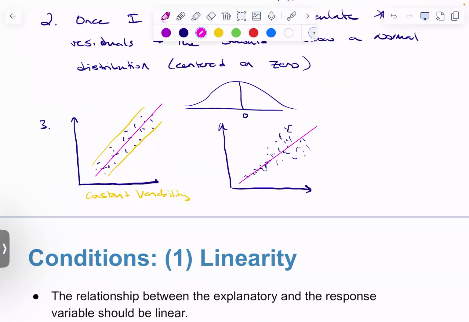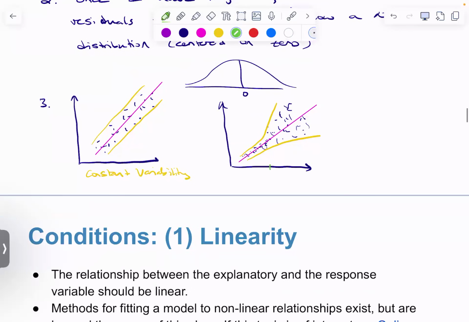The problem becomes that here, I get this kind of funnel situation. Up to this point, between these points, I get reliable predictions.